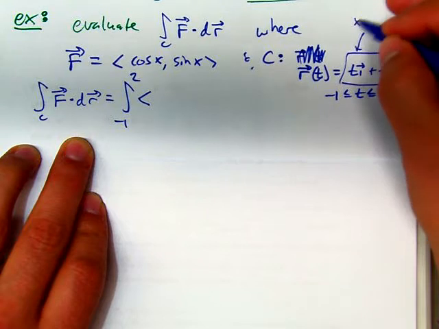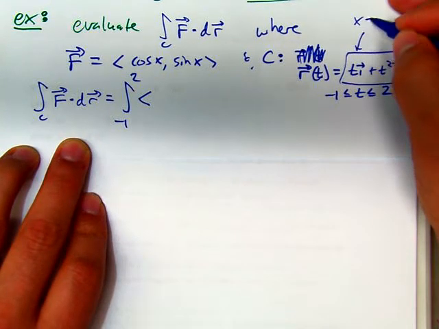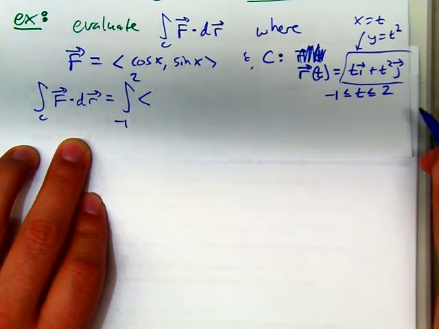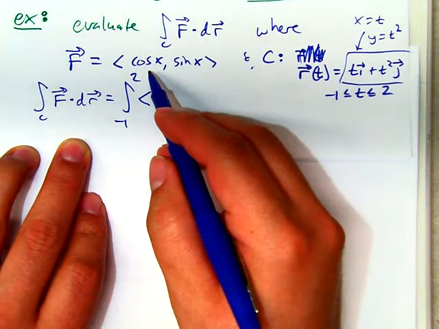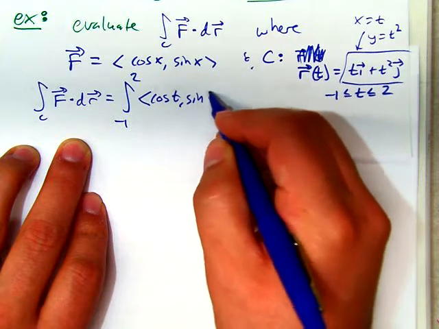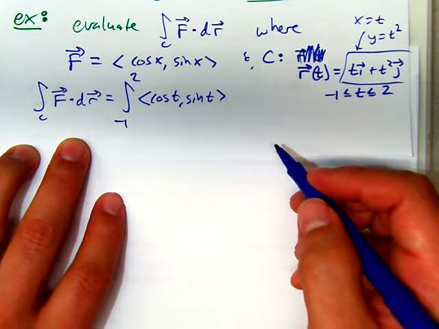You should know from the definition of r that x is t and y is t squared. So instead of cosine x, sine x, I'm going to do cosine t, sine t. I'm just plugging the parameterization into the vector field.